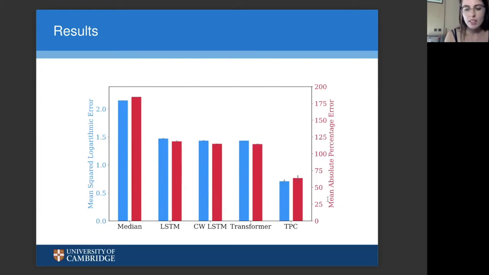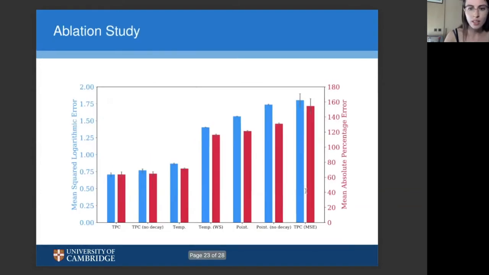But we can see that our TPC model is doing significantly better than a lot of the baseline models. And in fact, this was a lot better than even we expected it to do. So we did some more studies to try and figure out what it is about this TPC model that is really giving it the benefit over the baseline models. So if I just go from left to right here, I've repeated the TPC result.